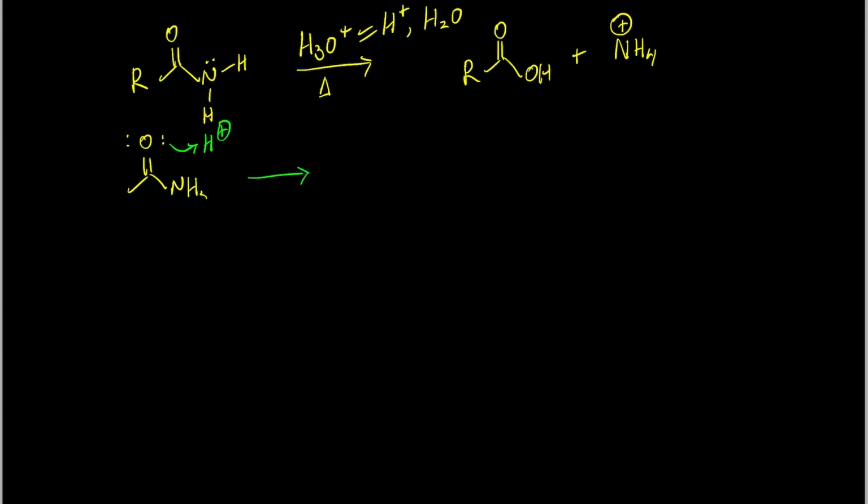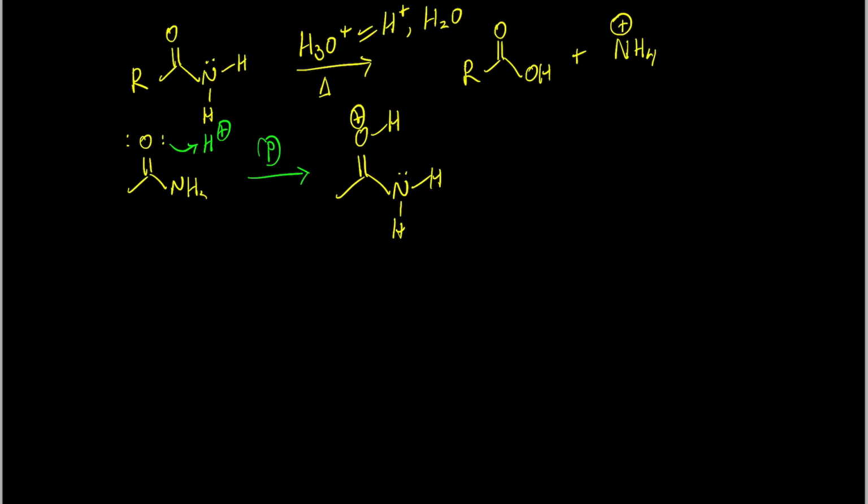Now, the reason why is that you get a resonance stabilized intermediate, okay? So let me draw out the H's now. So, we've got a lone pair next to a pi bond, and there's lots of resonance possibility there.